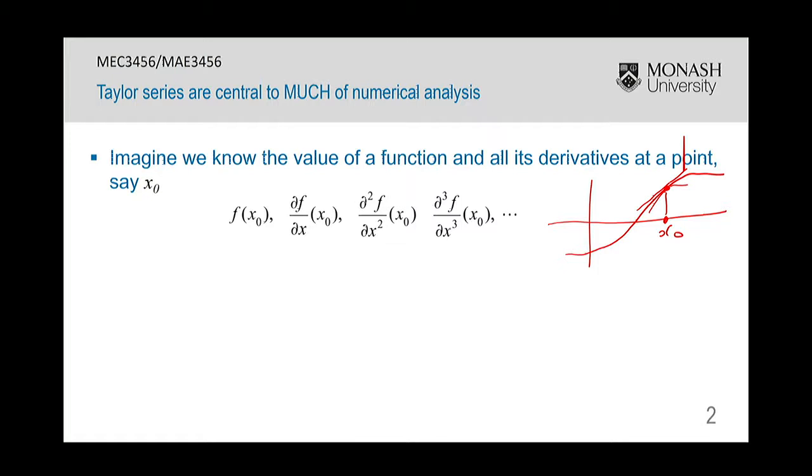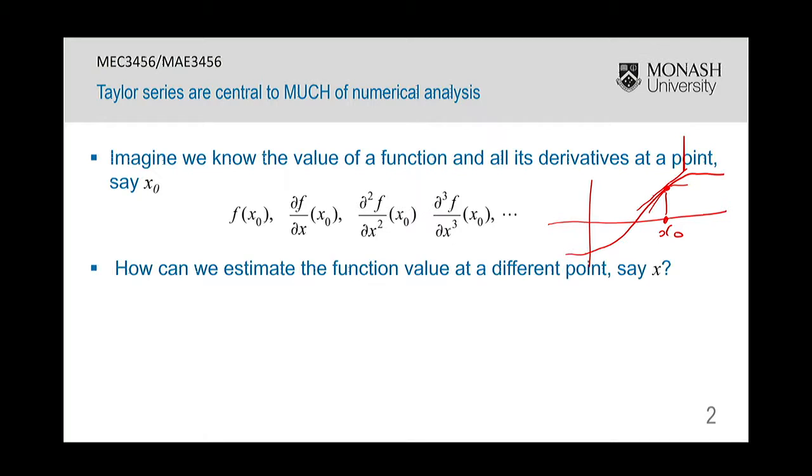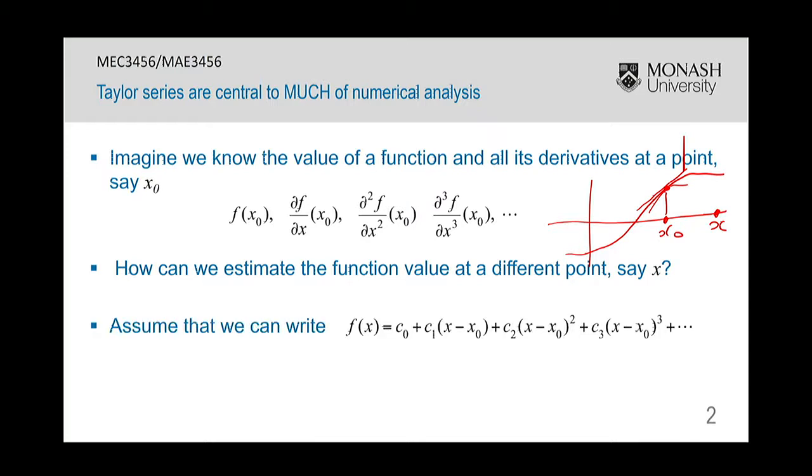So, if we know that, then the question is, I want to go to a different point. Let's call that x. How can we estimate the function value at this other point? That's what Taylor series are all about. Okay, the starting point for the analysis then is to assume that we can write the function value at some point x as a polynomial, effectively, with an infinite number of terms.